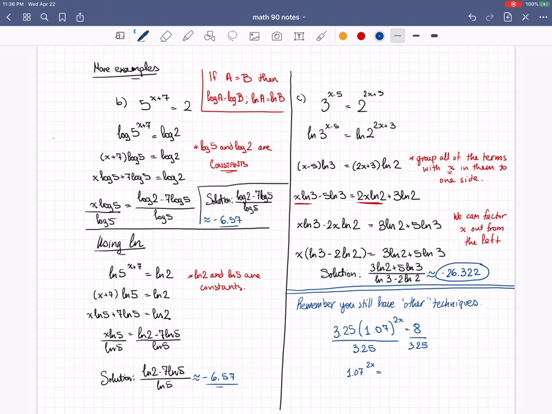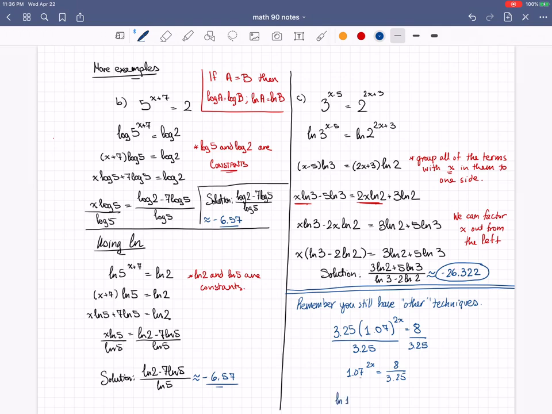So, I'm going to go ahead and keep it as 8 over 3.25, simply because if I divide it, I end up with a pretty big decimal, and I don't want to deal with that. So this is a straight up exponential equation. So I'm going to say if these guys are equal, then so are their logs.